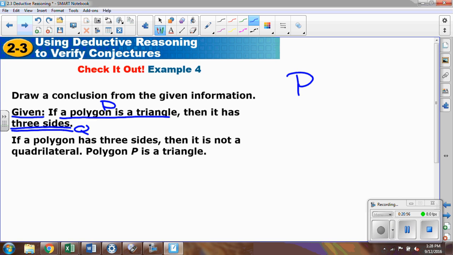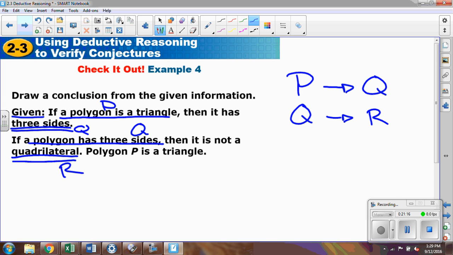Okay, we know that's true. If a polygon has 3 sides, then it is not a quadrilateral. Which is also true.